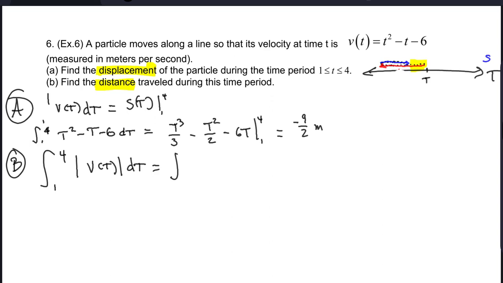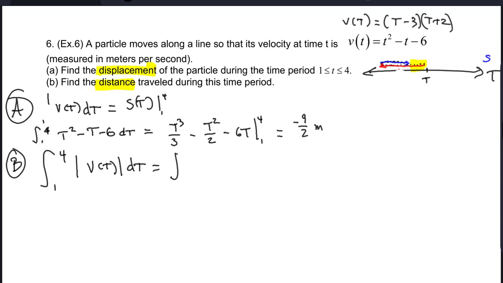We know how to do that because that was a big part of chapter 4, looking at sign analysis. So I'm going to take the velocity equation and figure out when it equals 0, because that would be a critical number. And it's factorable: t minus 3 and t plus 2.